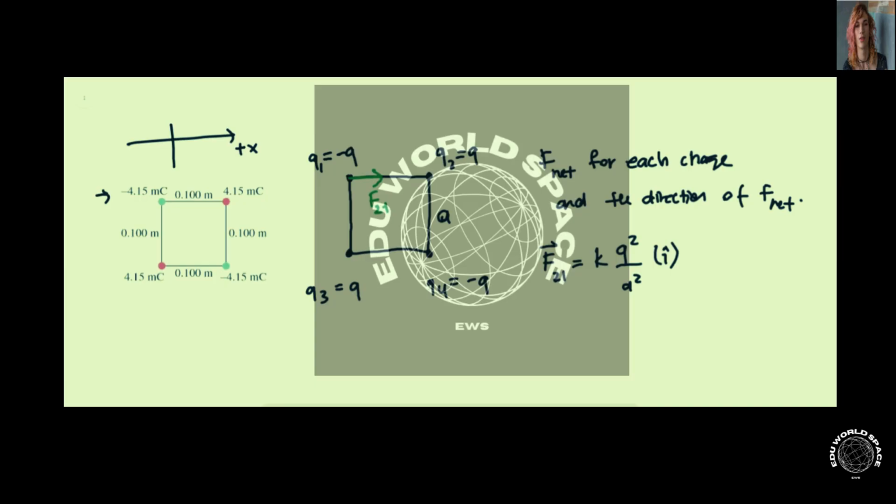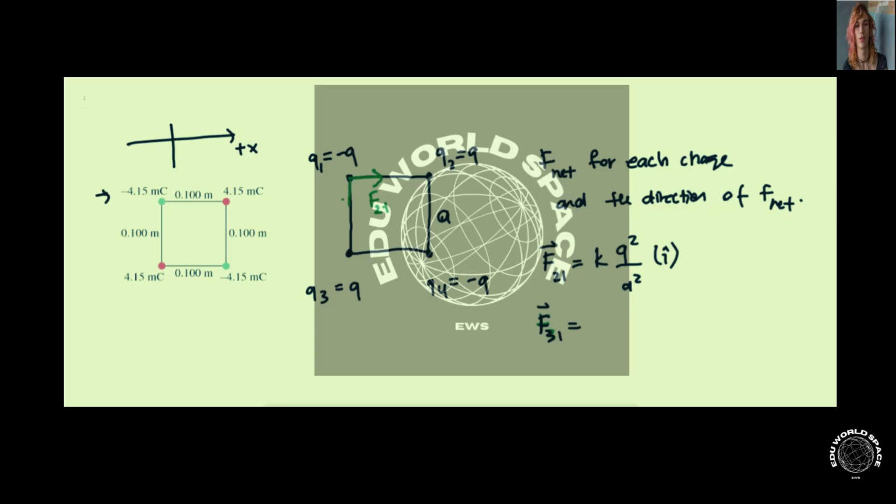Now, using the same logic, let's figure out the vector form of F31, which means we're calculating the force exerted by the third charge on the first charge. Let's determine the direction of this force. Since Q3 is positive and Q1 is negative, there's an attraction between the two.